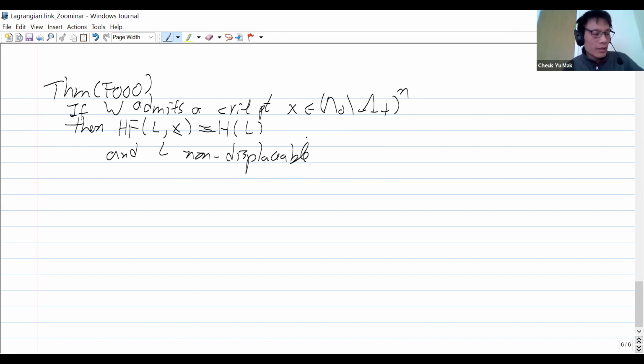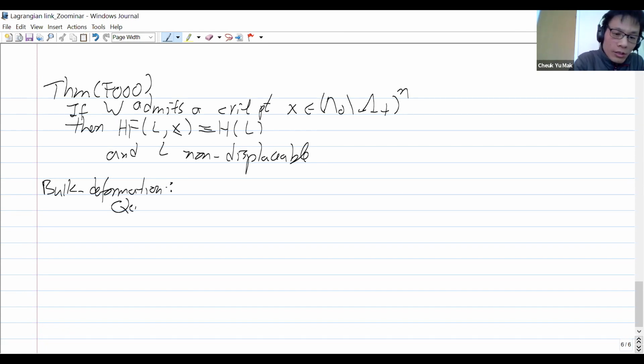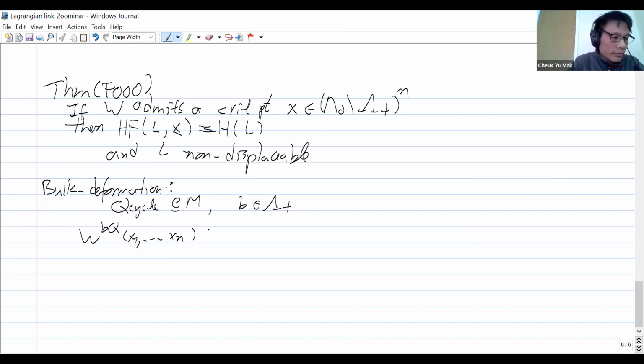And there is a generalization of this story by including bulk deformation. If you pick a cycle, say a codimension 2 cycle inside your manifold, and also an element inside the maximal ideal of the Novikov ring, then you can define a bulk-deformed superpotential.